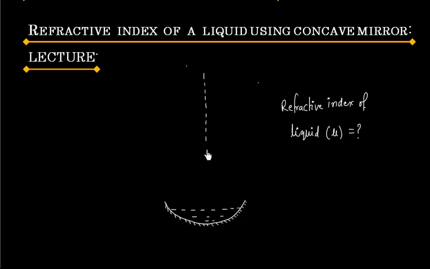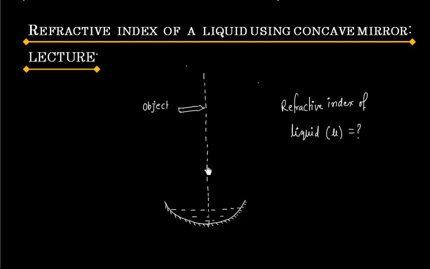This is the principal axis of this mirror. Now let us say an object is translated along this principal axis, and this object is translated till the image and object coincide.